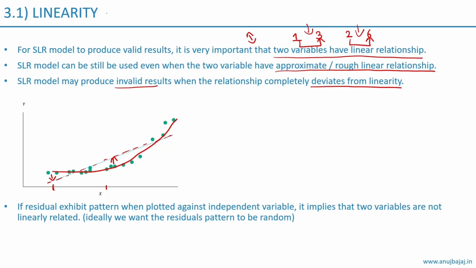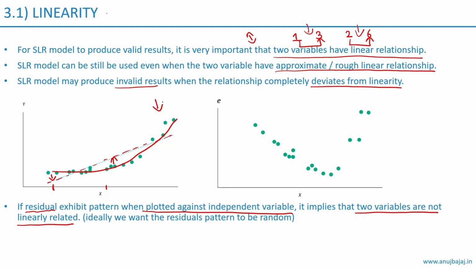Another important observation is that if the residual, that is, the error term, exhibits a certain pattern when plotted against the independent variable, then this implies that the two variables are not linearly related. So using the same data, suppose we plot the residual, that is the difference between the actual value and the predicted value, against the independent variable.